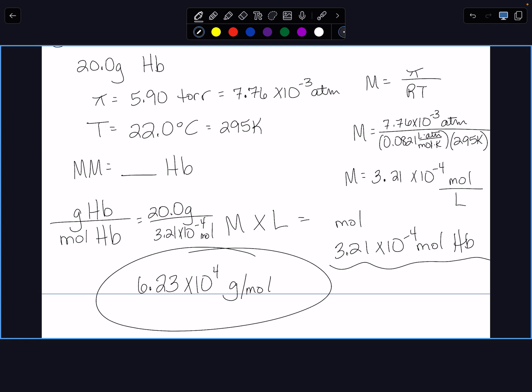Grams divided by moles is molar mass. So we're multiplying molarity times volume to find moles, and then grams divided by moles is the molar mass. Okay?